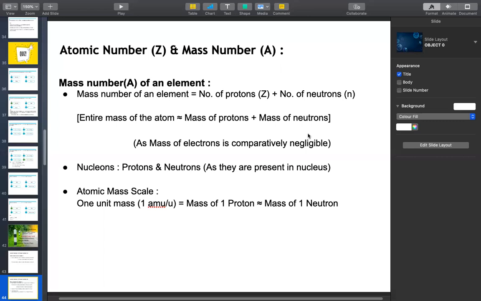So mass number will always equal just proton plus neutron. Electron is excluded. Understood? Just write yes if you understood the concept. Nucleons will be proton plus neutron. One AMU is the mass of one proton, which equals the mass of one neutron. Got it?